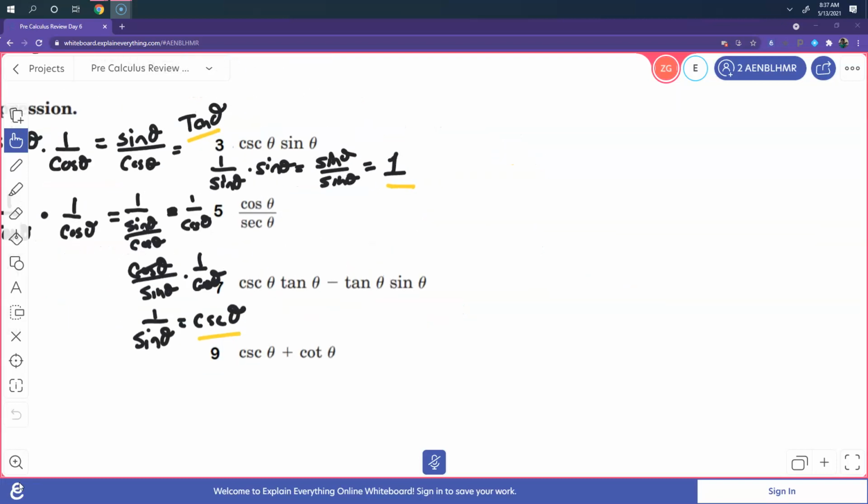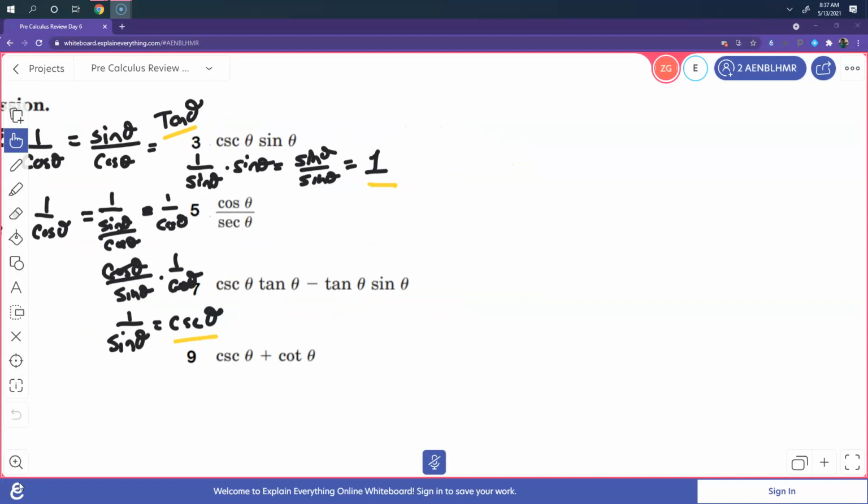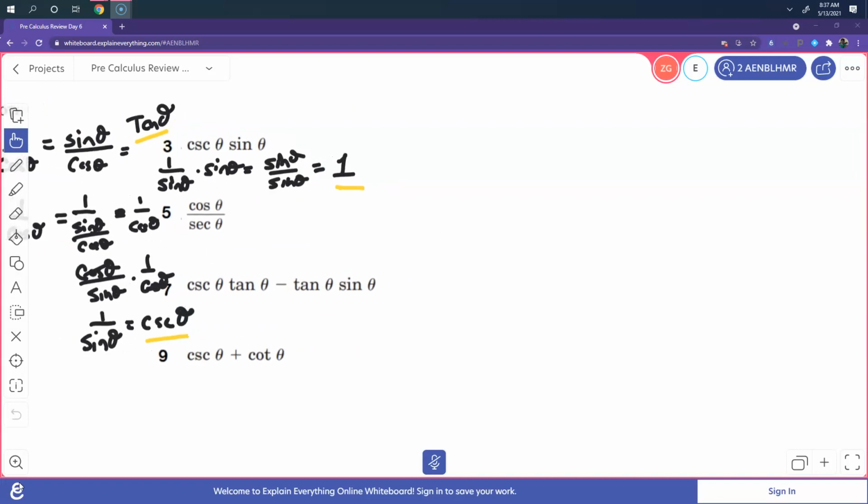So move this over a little bit so we can have room. I'm going to do number 5, but I'm going to do it on this side over here. I'll probably use a different color. So we have cosine theta over secant theta. And this is number 5, and we have to simplify.